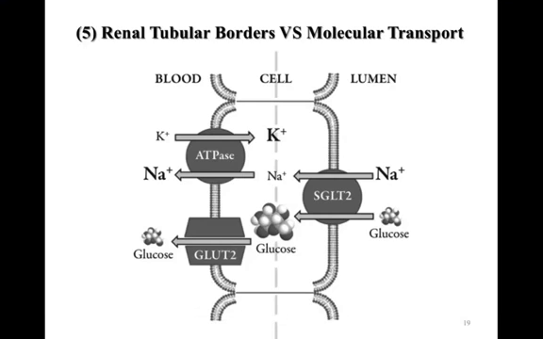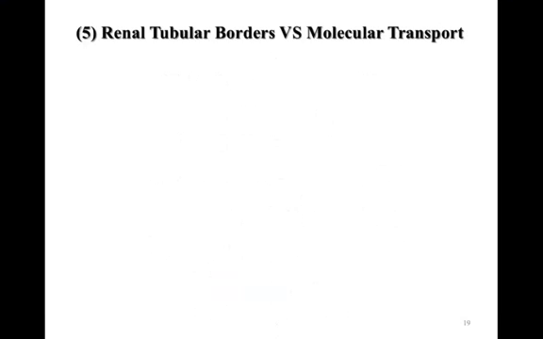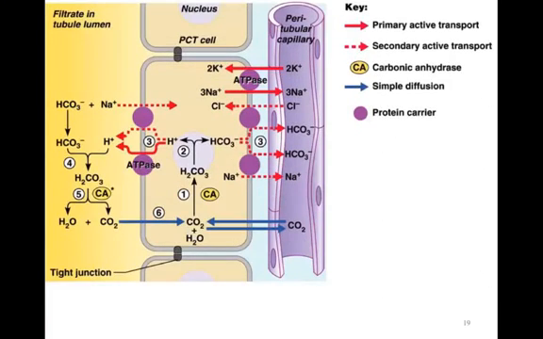The second type is counter transport, or as we call it, antiport. Usually, but not always, it takes place in the luminal border of the renal tubular cells, and it doesn't need carrier proteins here. And we're going to have two examples of the counter transport or the antiport.